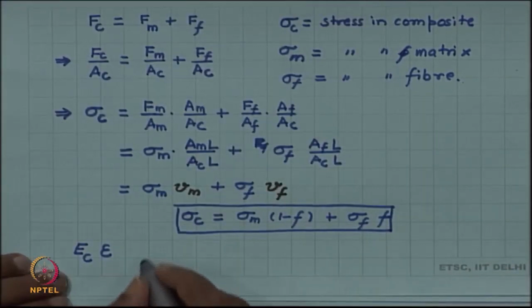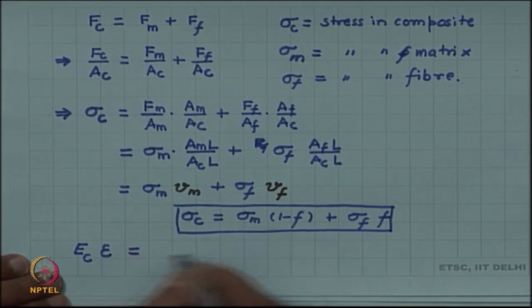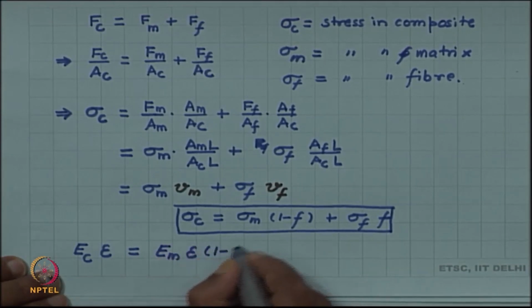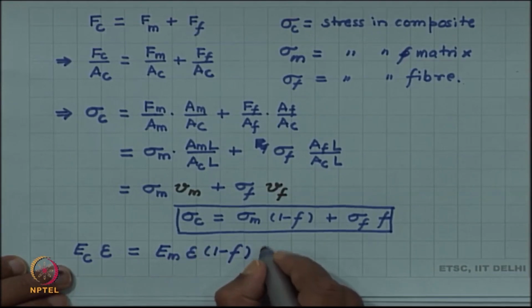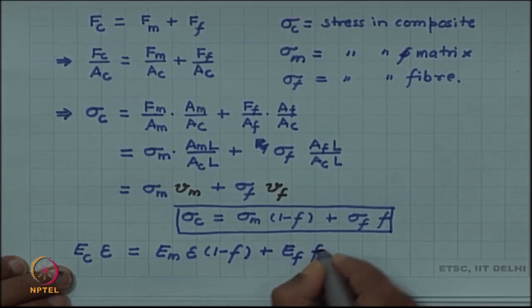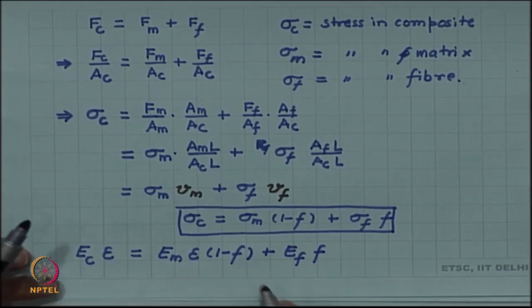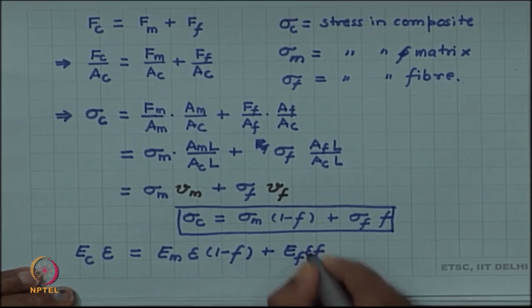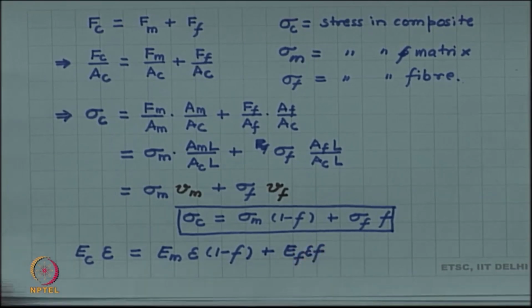So, I write it as epsilon. Similarly, sigma m I write as E m into epsilon into 1 minus f plus sigma f as E f epsilon into f.